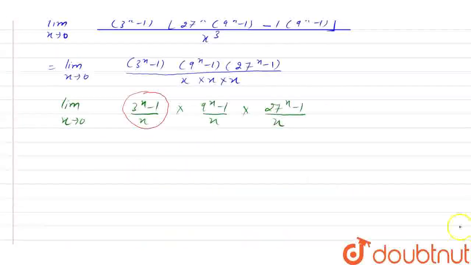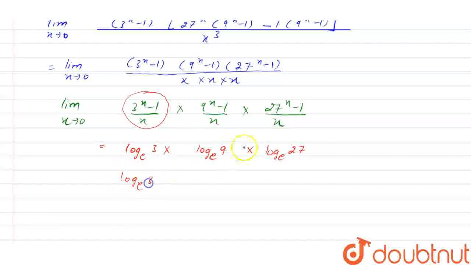So now we can write it as log base e 3 into log base e 9 into log base e 27. Now we know that 9 can be written as 3 square and 27 will be written as 3 raised to power 3.